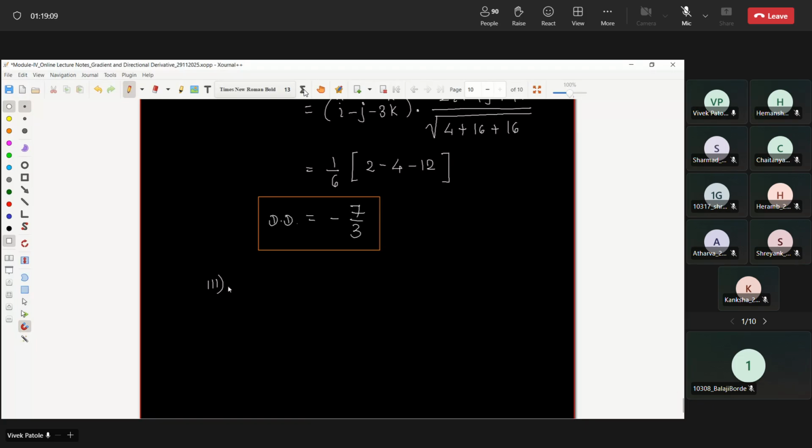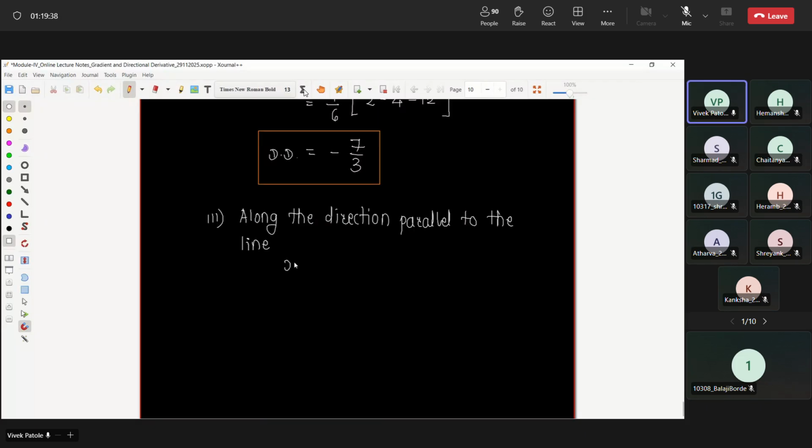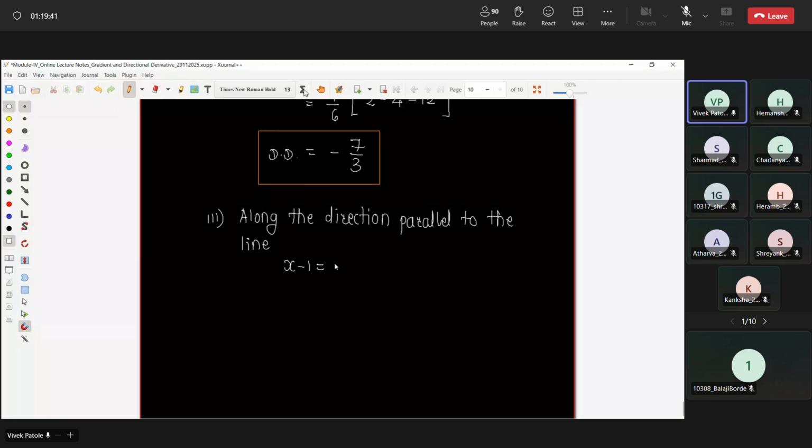Okay, sir. Fine. Okay. So next is what? Along the direction parallel to the line x minus 1 equal to 3 minus y equal to 2z.